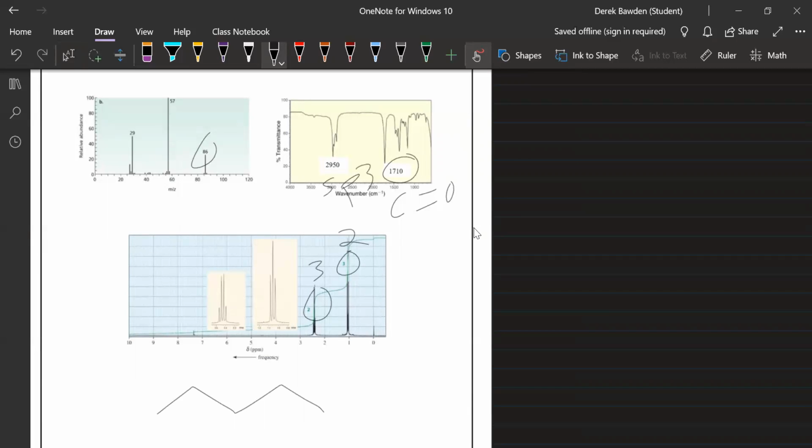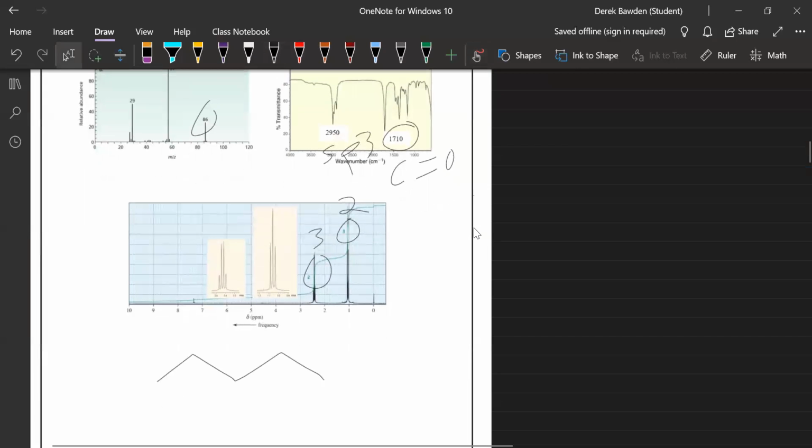We know we have a C double bond O. I'm just going to put it here in the middle. The reason I did that is I'm looking at our HNMR and we only have a few peaks, so we almost need it to have a mirror image or something like that. I'm not sure if that's going to fulfill it, but we'll check it out.